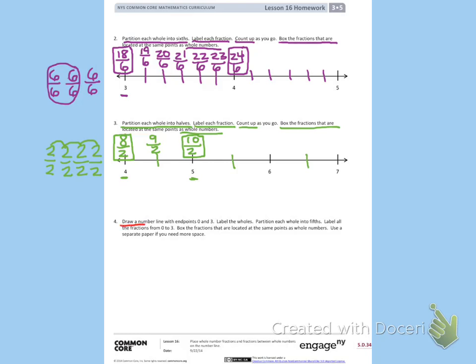Draw a number line with endpoints 0 and 3. Label the wholes. Partition each whole into fifths. Label all fractions from 0 to 3. Box whole numbers.